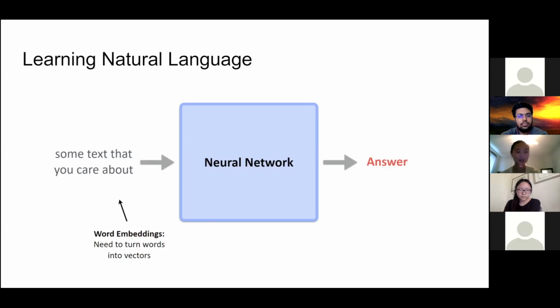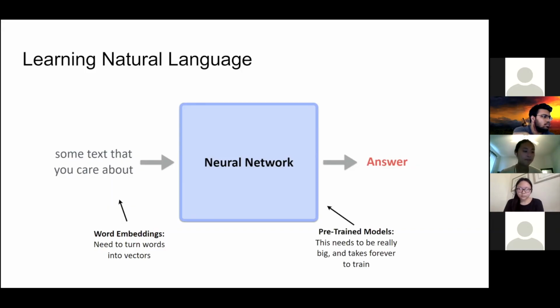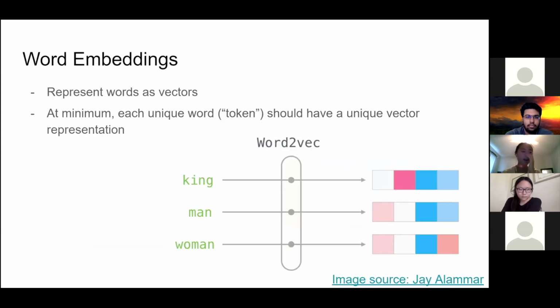So I'm going to go into word embeddings. So how do we turn these words into vectors that we can then operate on? And then finally, I'm going to go into what most researchers use today to get really good results on benchmarks, which is this idea of pre-trained models.